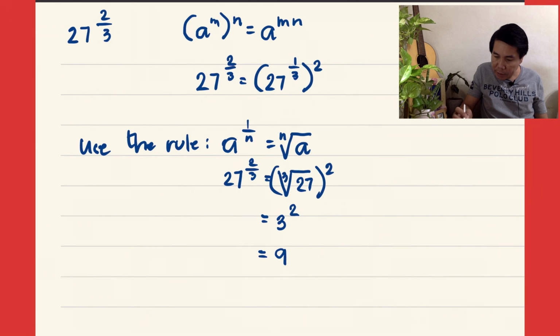So 27 raised to 2 over 3 is equal to 9. Okay.